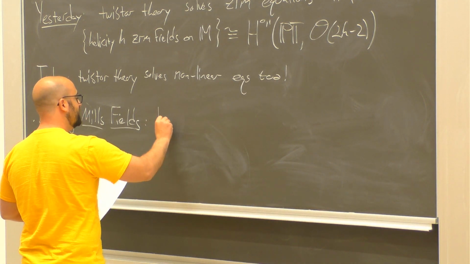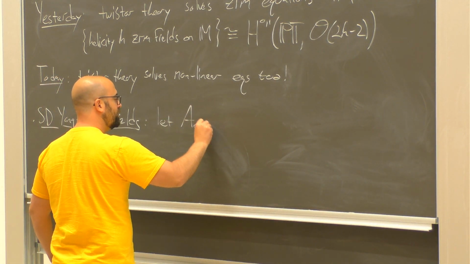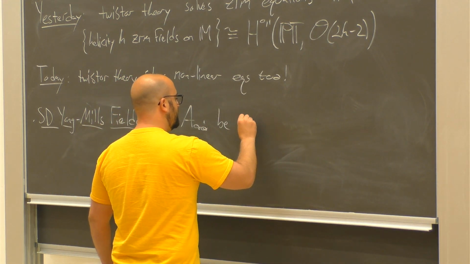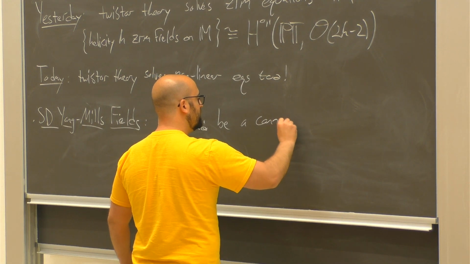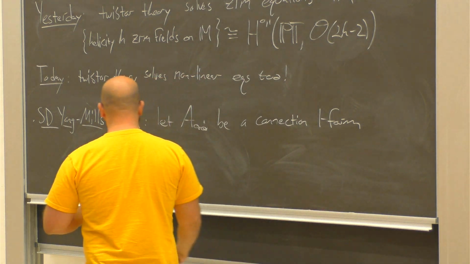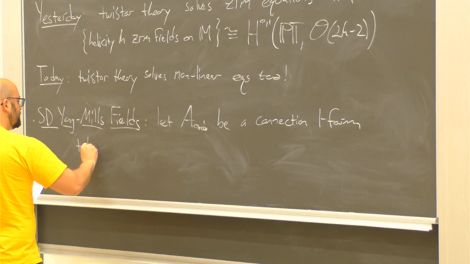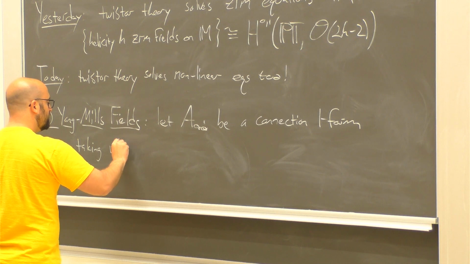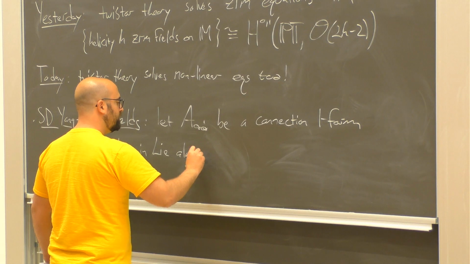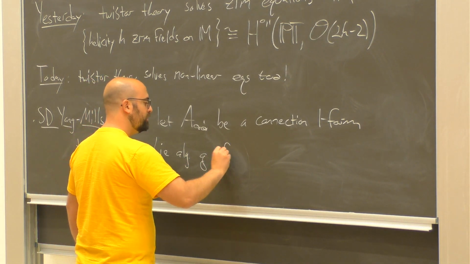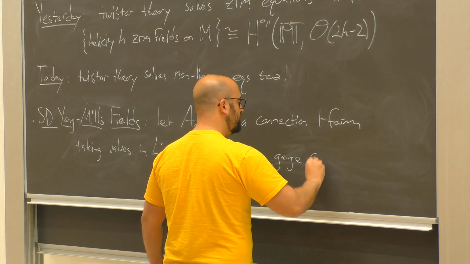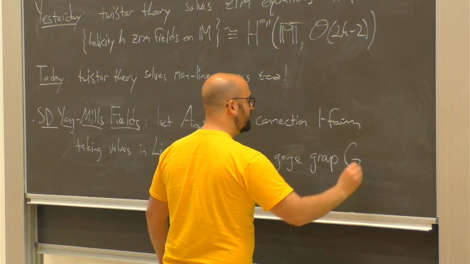So let A_{αα'} be a connection one-form taking values in the Lie algebra g of some gauge group G.